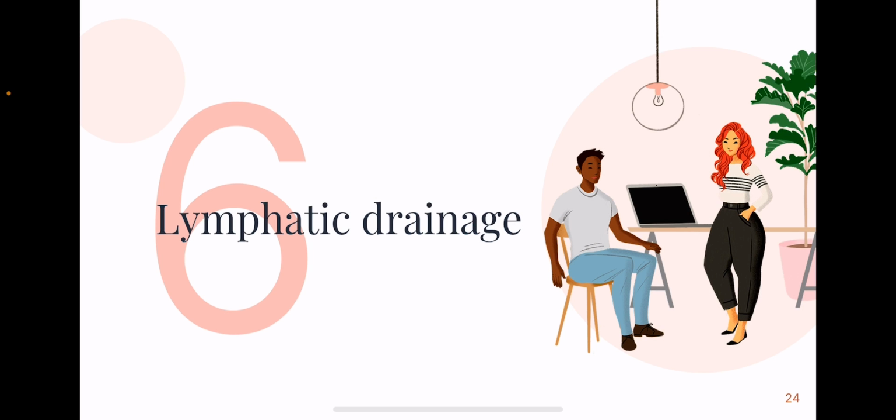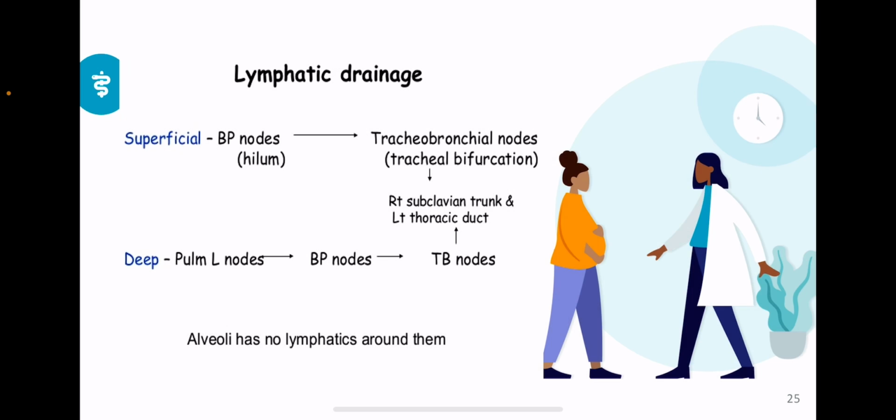Next we talk about the lymphatic drainage. It has superficial bronchopulmonary nodes in the hilum, and then they have tracheobronchial nodes in the tracheal bifurcation, which drain to the right subclavian trunk and the left thoracic duct.